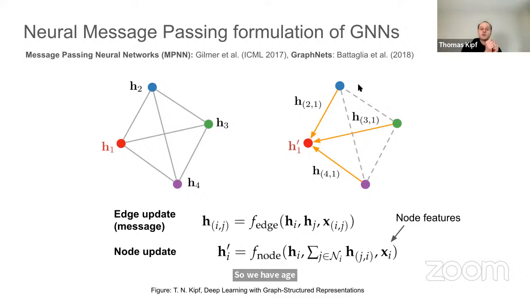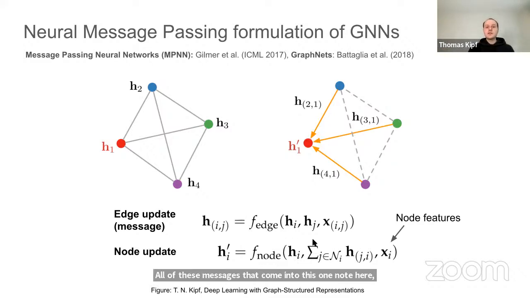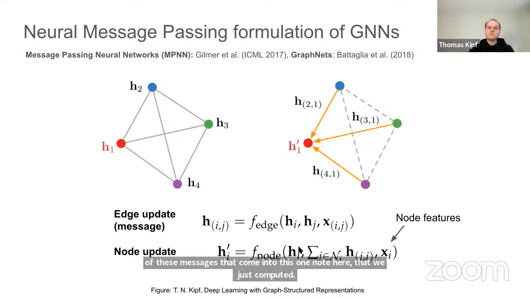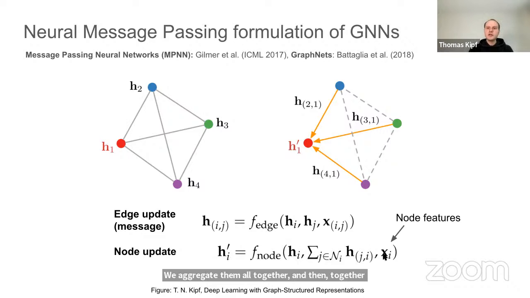We aggregate them all together. And then together with the node representation itself, and maybe some additional extra node features you might have, we compute now this update for this node here. So effectively what we do here is we have a powerful edge function using, for example, an MLP, and a powerful node function, and we iterate those.